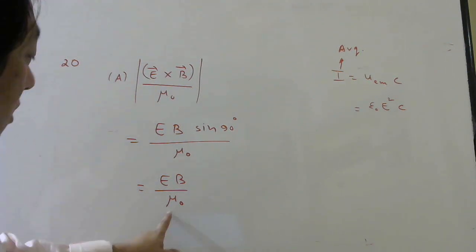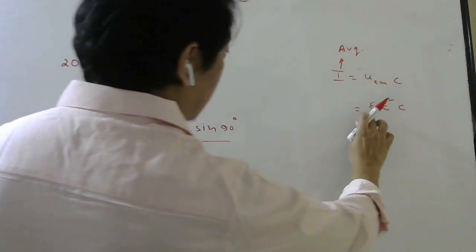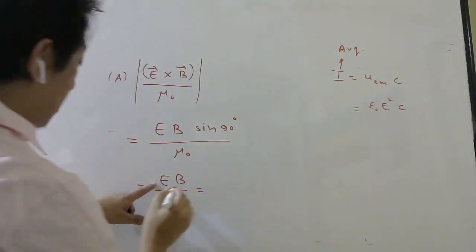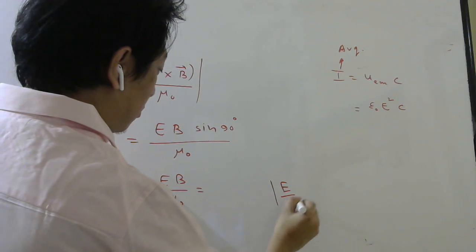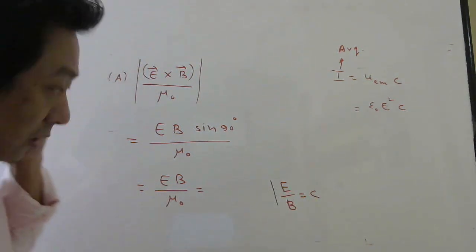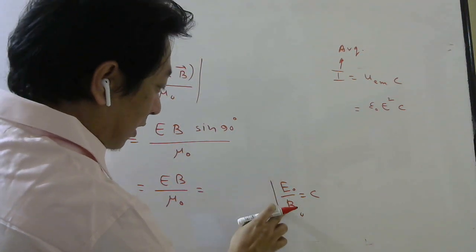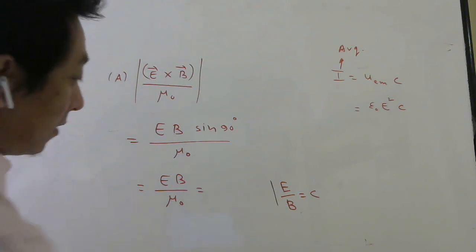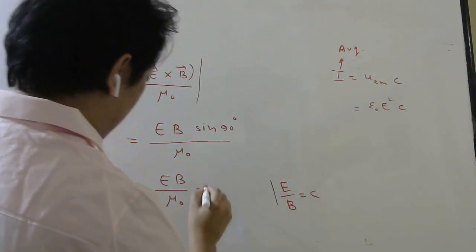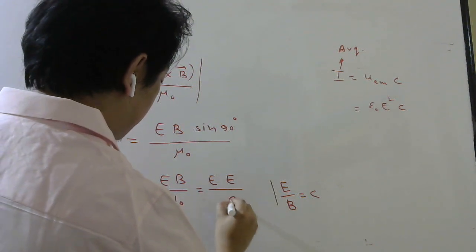Right now, this does not look like this. That is because we have not written in terms of epsilon naught and C. So let us write. Now, you know that E by B is equal to C. I know I wrote peak value, but you can multiply this by root 2 and this by root 2, then this will become E_RMS, B_RMS. So in place of B, I can write E by C, by mu naught.